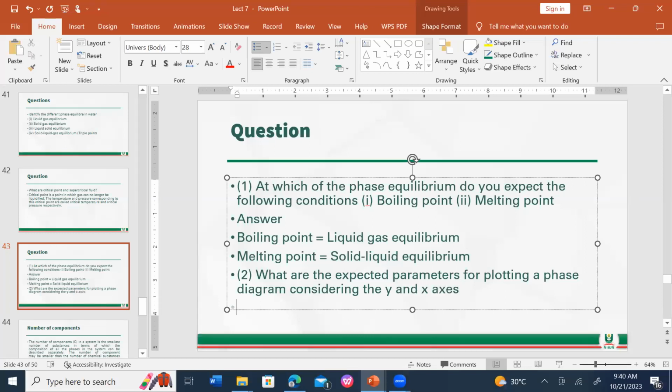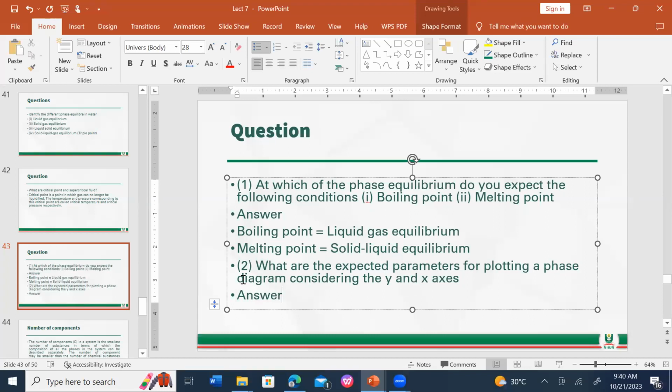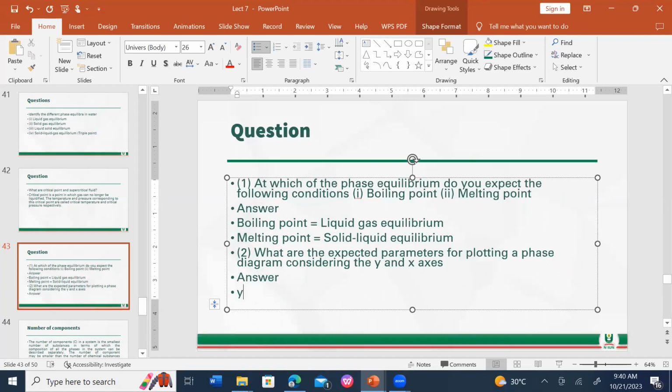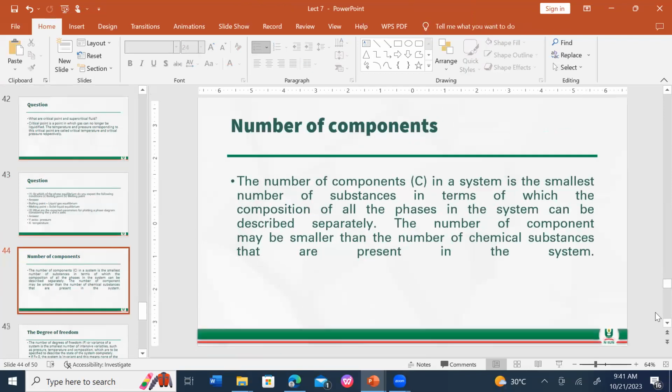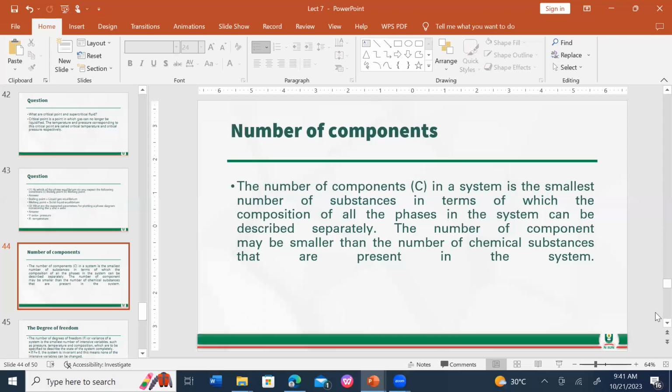So your answer, you can see that y axis is pressure, and the x axis is temperature. Even if you interchange the y to x axis, you still have the answer. So the 2 important parameters necessary for plotting a phase diagram are pressure and temperature.